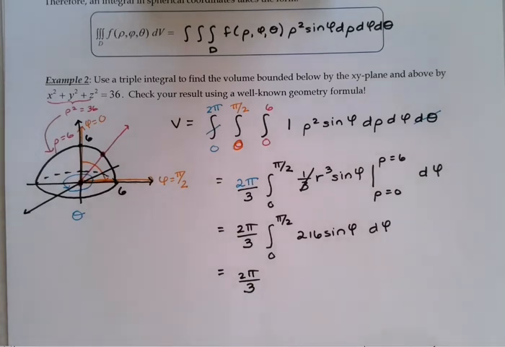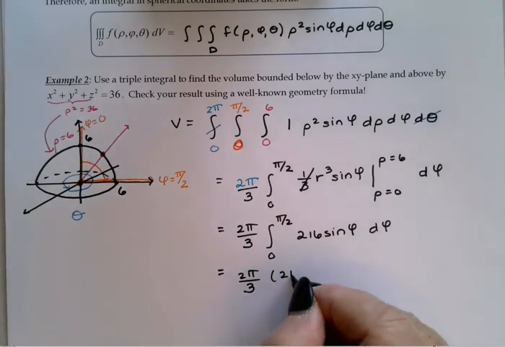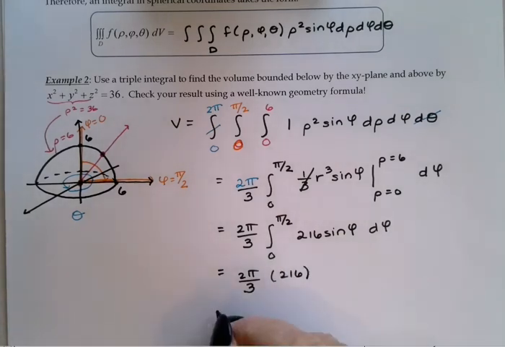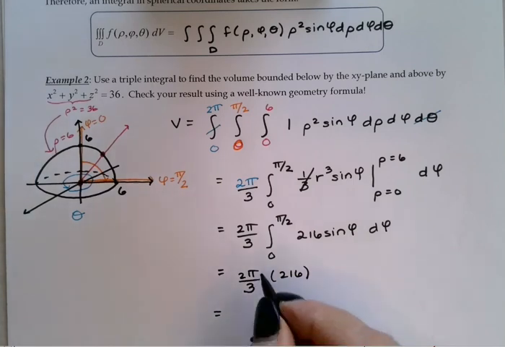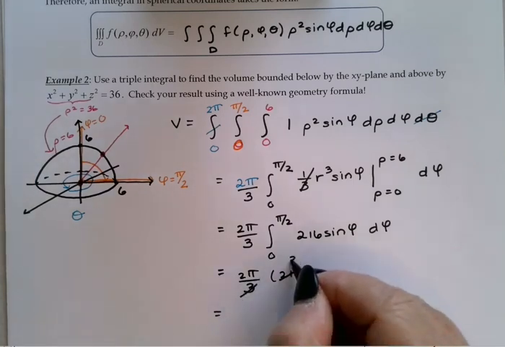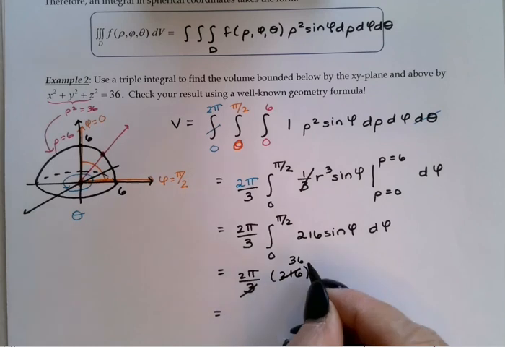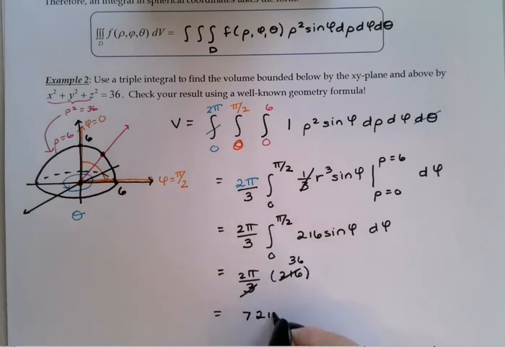The integral of 216 sine phi is 216. And let's see, 3 goes into 216 36 times. So 2 pi times 36 would be 72 pi. All right, so there's the triple integral method of finding the volume of that hemisphere.